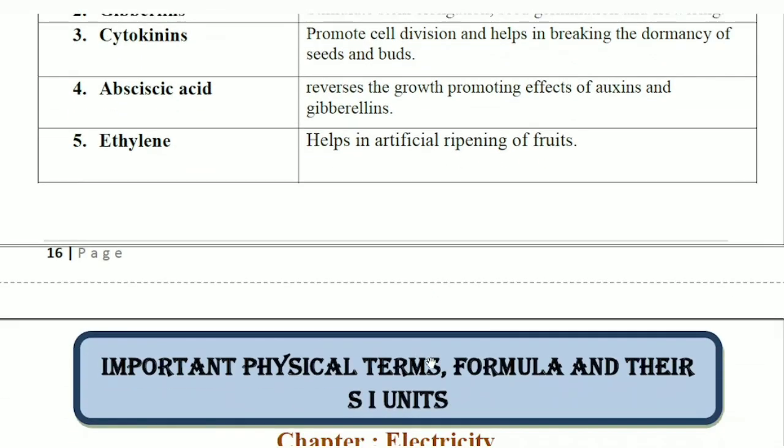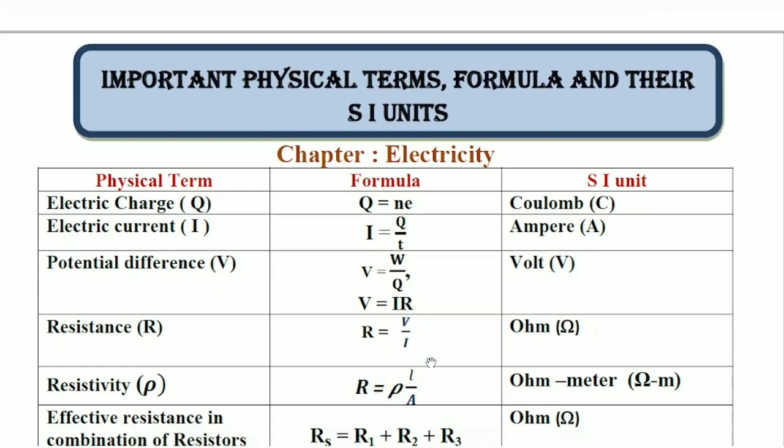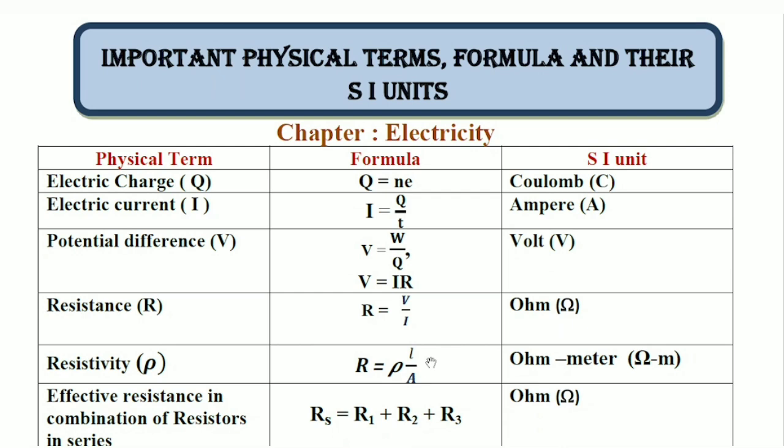And the next one is important physical terms, formulas and their SI units. The first one I am giving is from the electricity chapter. Electric charge Q equals N into E. The SI unit of electric charge is coulomb, represented by C. Electric current I equals Q by T, SI unit is ampere.